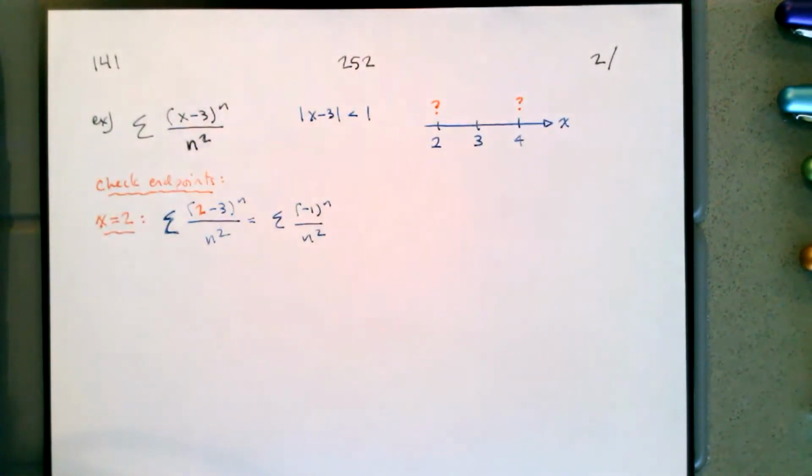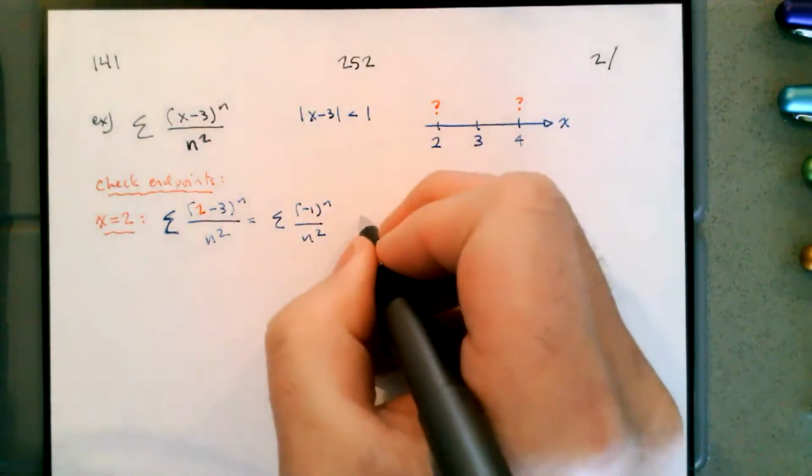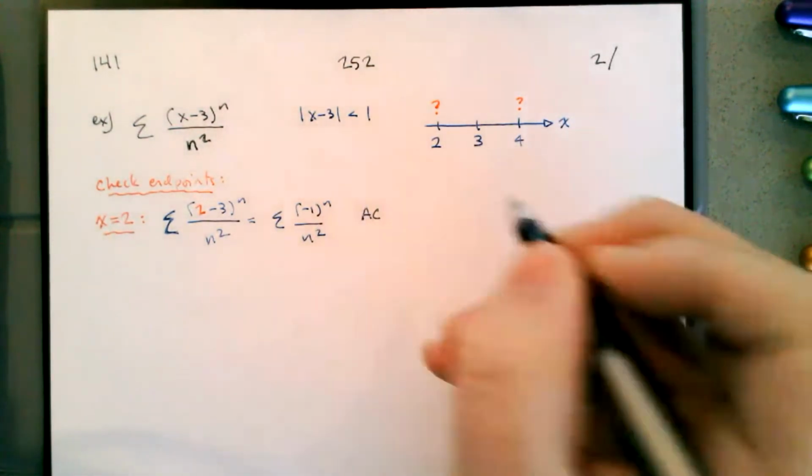And this series is absolutely convergent. It's not the alternating that matters, it's the n squared that matters. So we look at this and we see this is absolutely convergent.